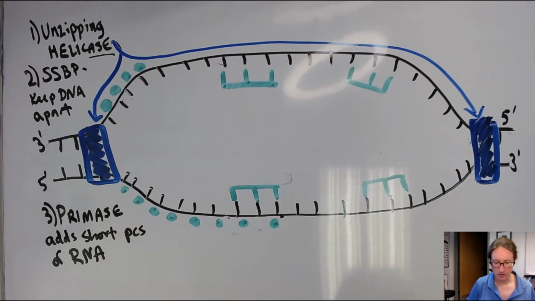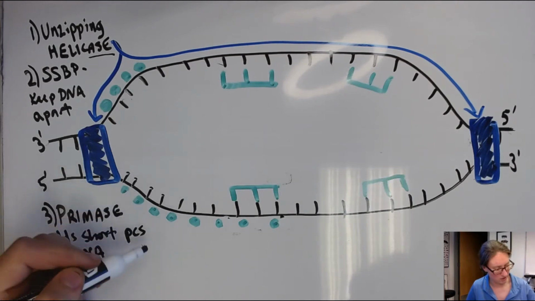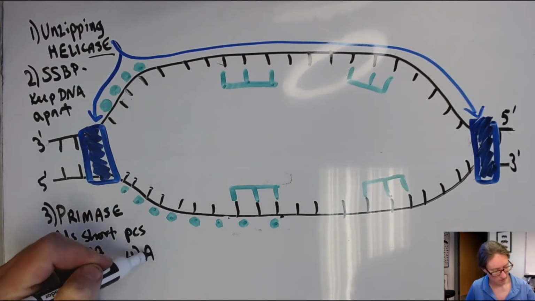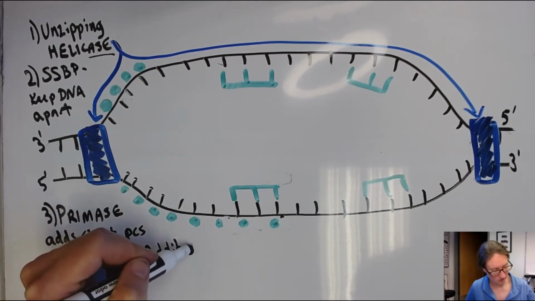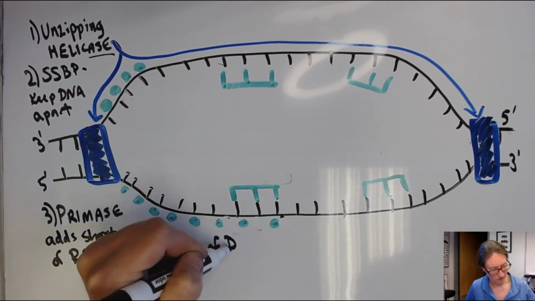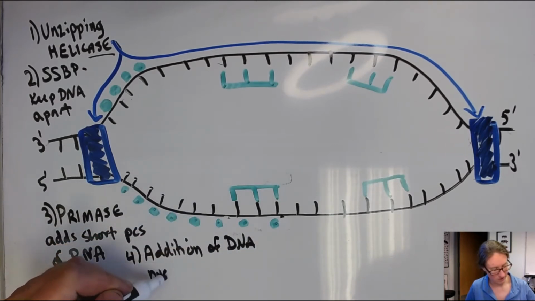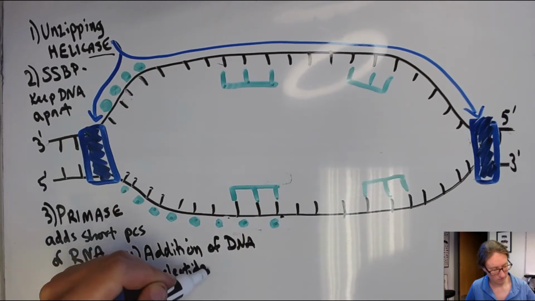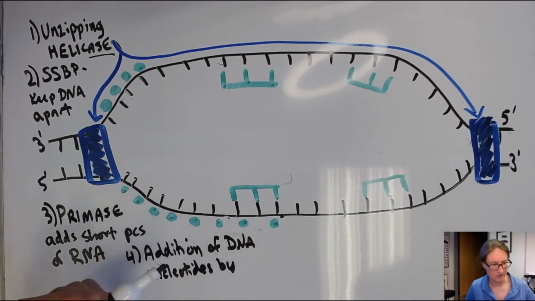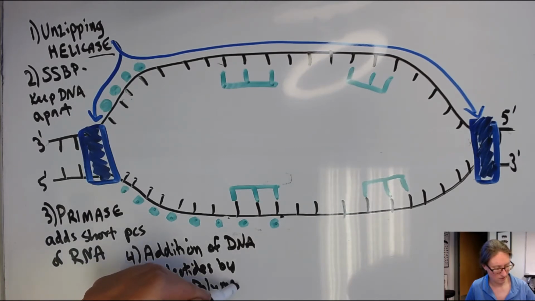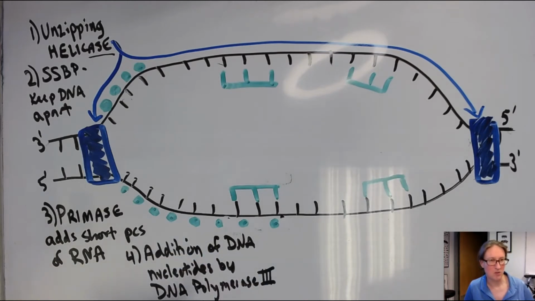So once we have primer on, the next step is going to be to start adding bases, DNA bases onto this chain. So we're going to have the addition of DNA nucleotides by an enzyme that's called DNA polymerase 3. And it might seem a little strange to start out with a DNA polymerase 3.